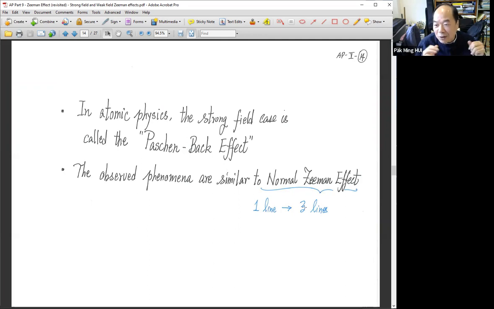So we have yet to explain the anomalous Zeeman effect. It is still the normal Zeeman effect, even if you include spin orbit as a perturbation. But that's natural. The difference between our discussion in this part and the former discussion is that we included the spin magnetic dipole moment.